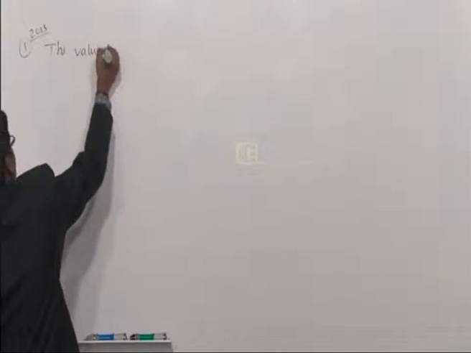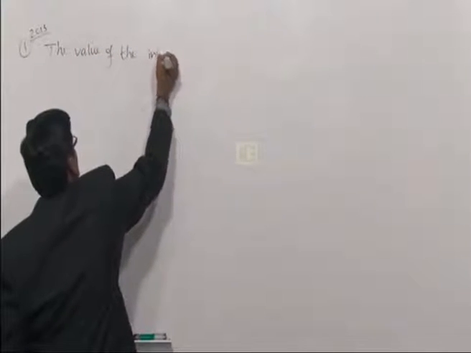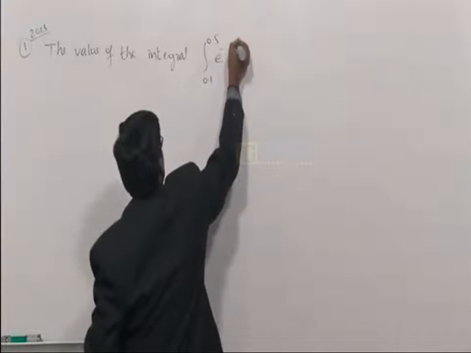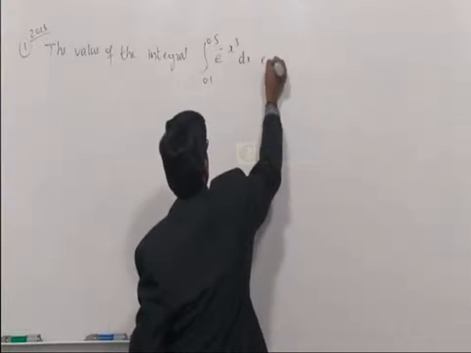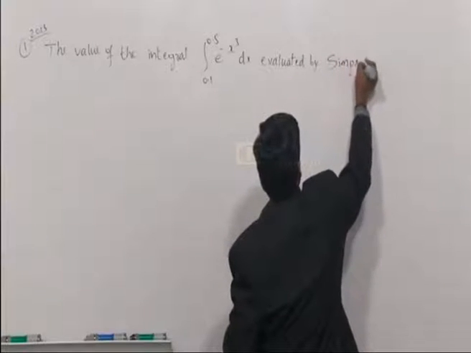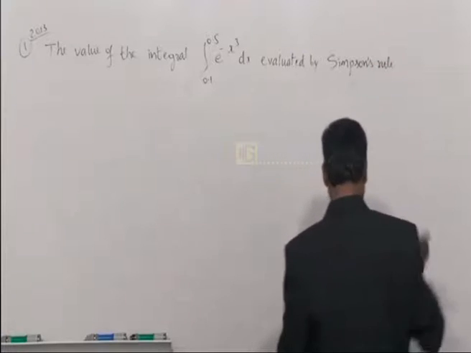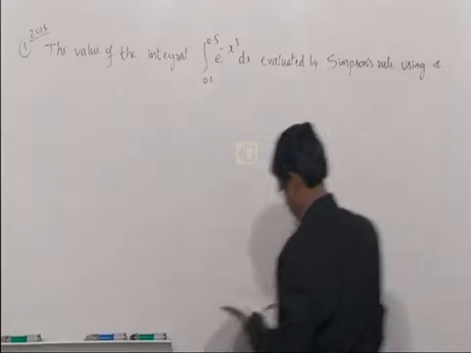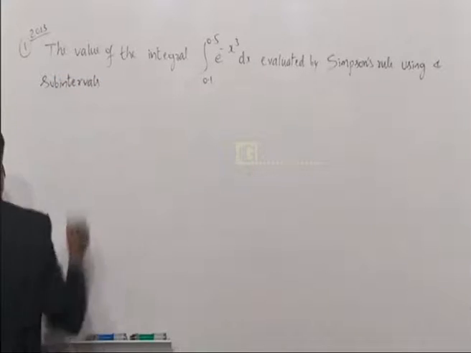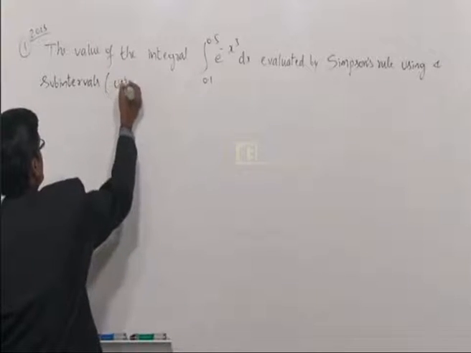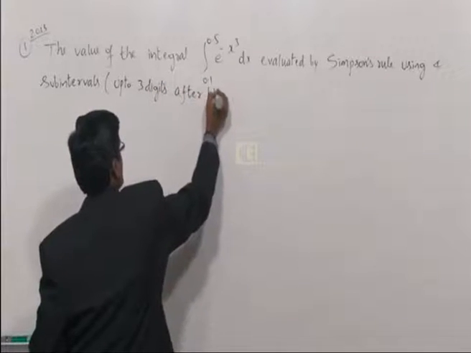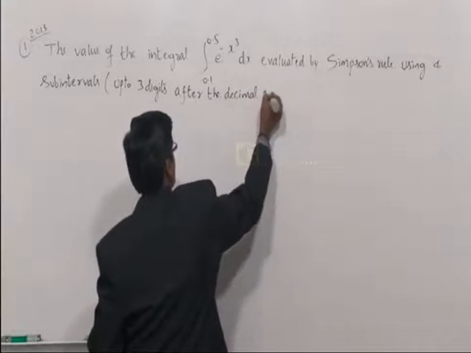The value of the integral from 0.1 to 0.5 of exponential minus x cube dx, evaluated by Simpson's rule using 4 subintervals, up to 3 digits after the decimal point.